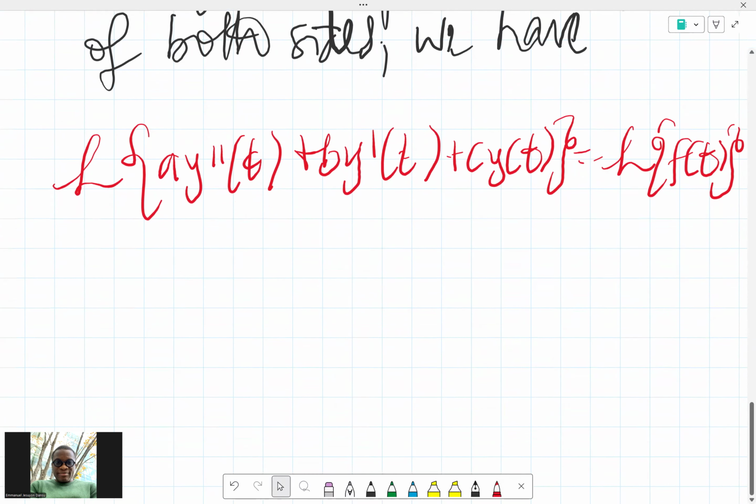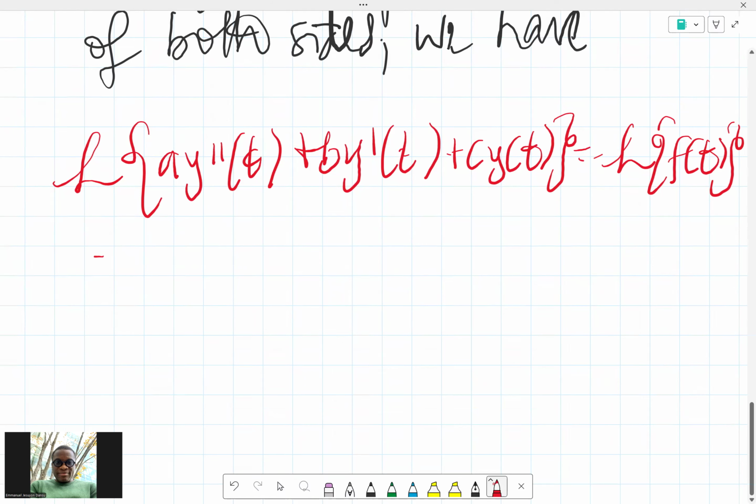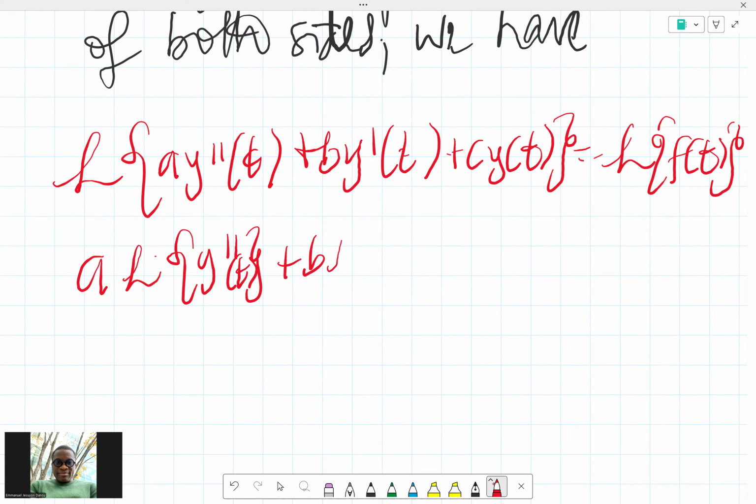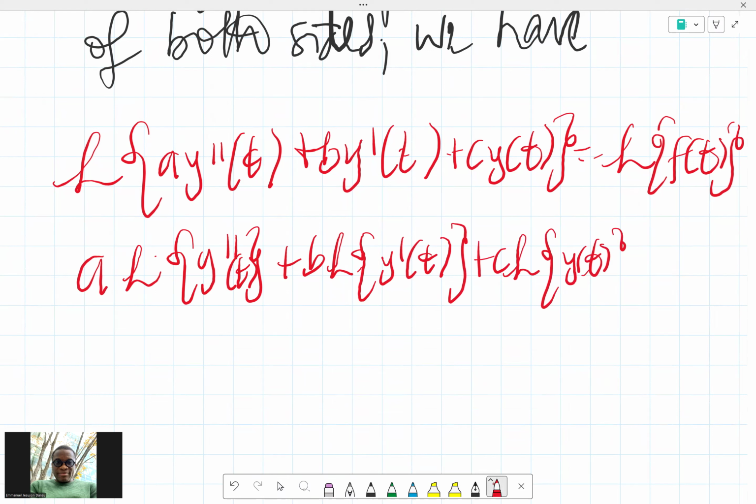In this case we have the Laplace of y''(t) plus b times the Laplace of y'(t) plus c times the Laplace of y(t), and the Laplace of f(t) on the right-hand side.